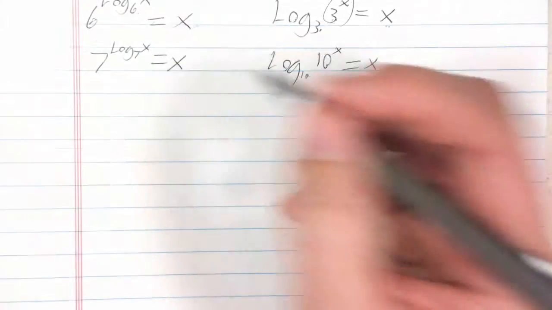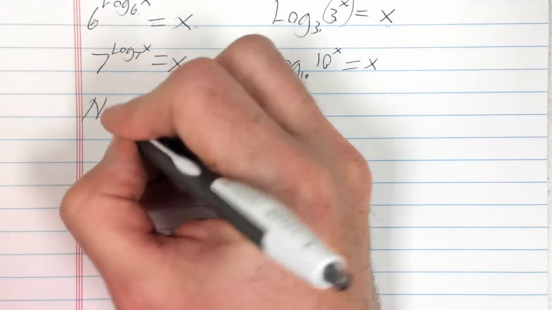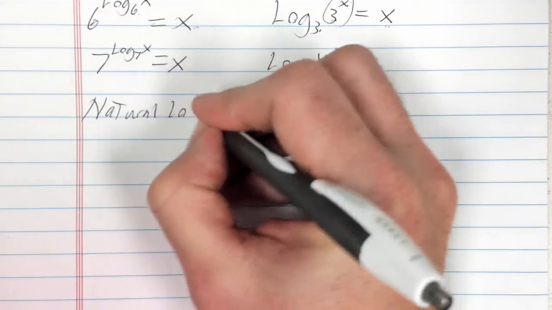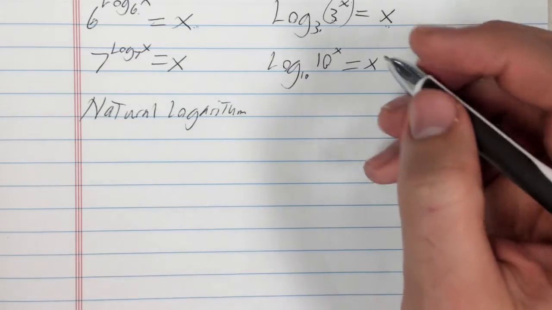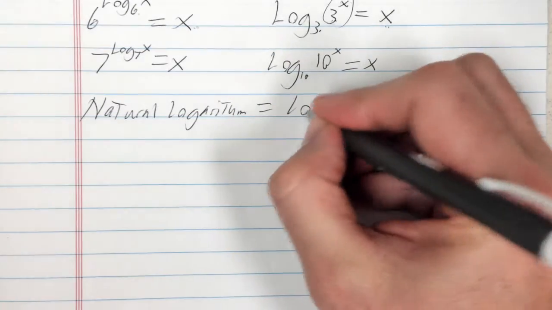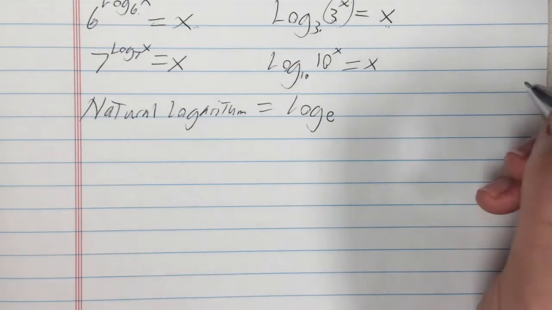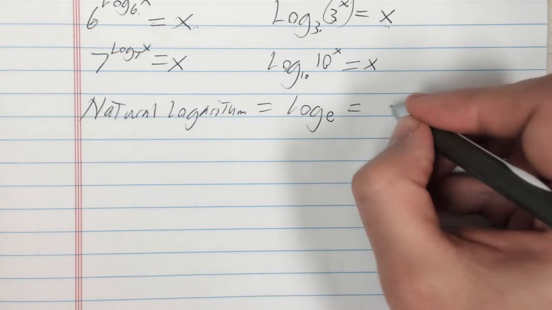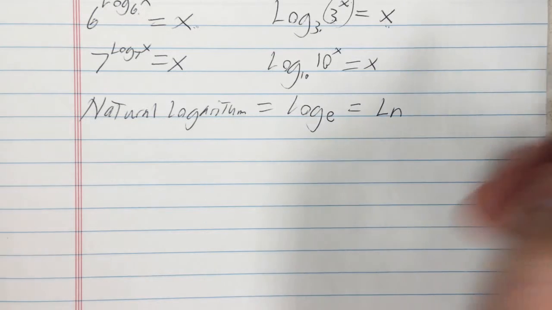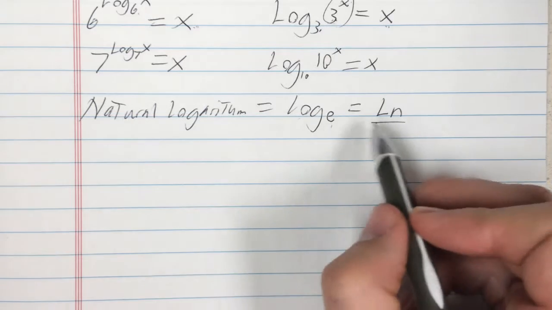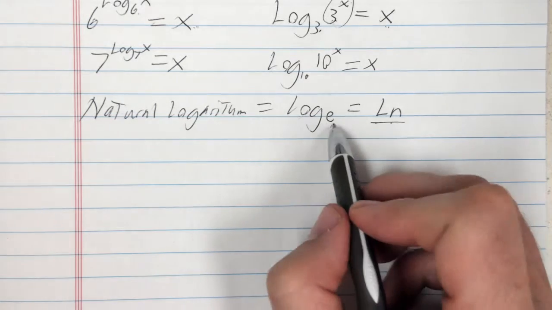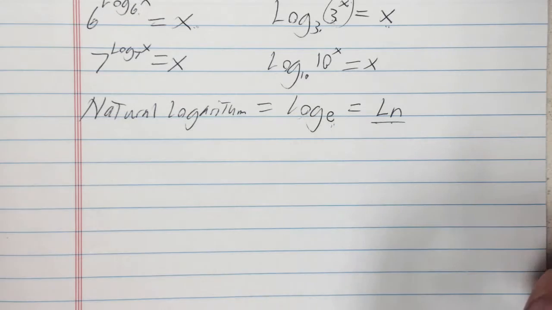All right, and then the last thing is a natural logarithm, which is equal to log base e. It is written as ln. Instead of writing log base e, they write just ln. All ln means is log base e, about 2.7.